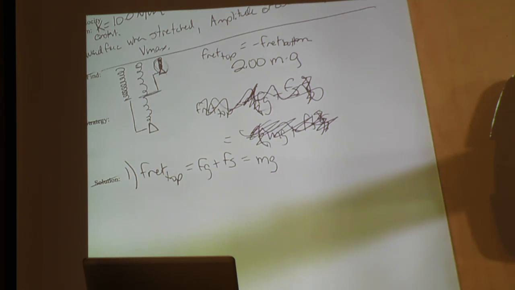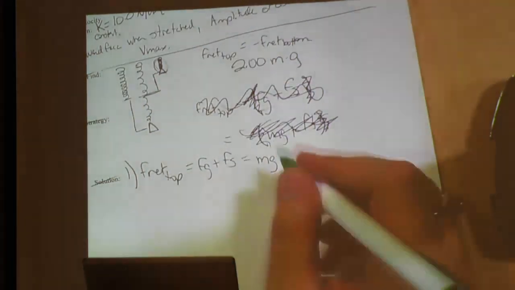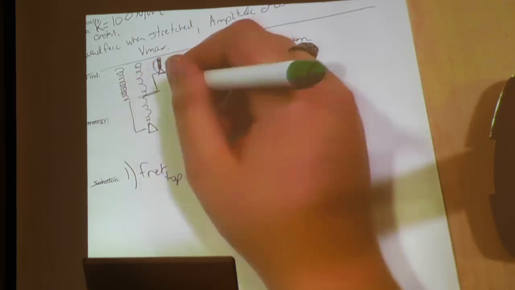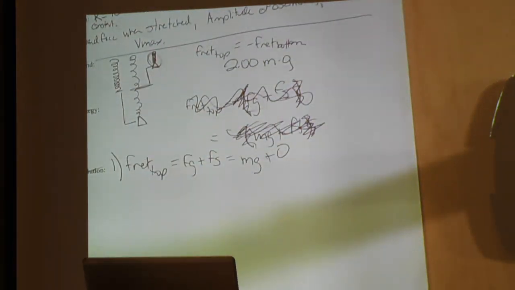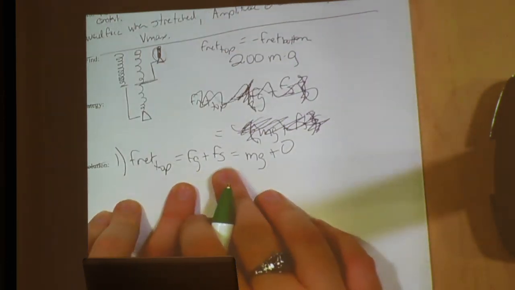actually, wait. I take this back. Force of the spring. The force of the spring is actually going to be 0, so I keep getting ahead of myself because I'm trying to go faster, and that's a mistake. Okay, so the force of the spring is actually 0 because we're not here, we're here.